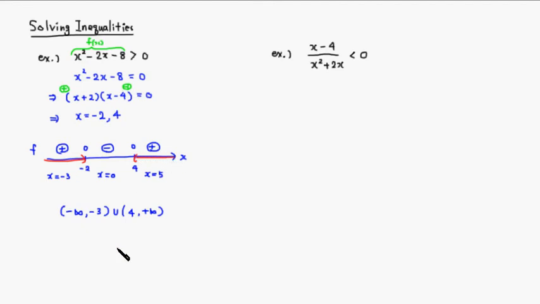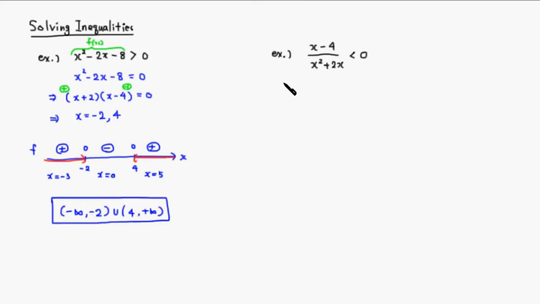So we have an open interval from negative infinity to negative 3. Oh, actually, sorry, it was 2. I miswrote that. So this is actually negative 2, and positive 4 to positive infinity. So that's the solution for the original inequality.